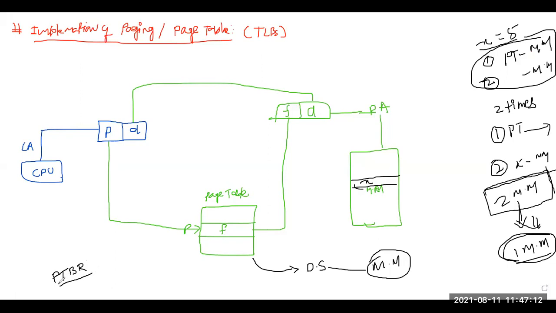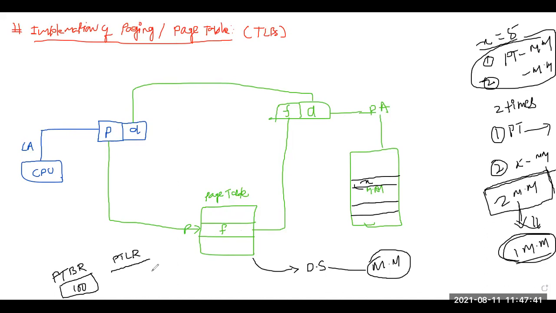Now, if I say the PTBR is going to store 100, that means at the 100 location of the main memory, the page table base register is stored. Similarly, there is one more pointer which is called PTLR. What is this PTLR? Page table limit register. That means what will be the size of my page table.